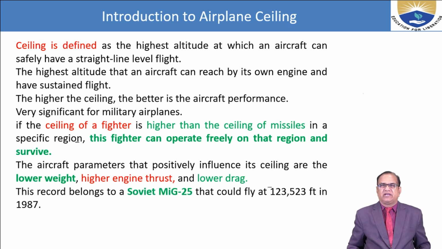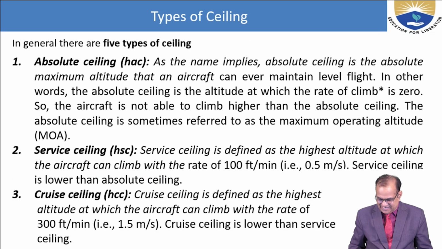Regarding this, a Soviet MiG-25 could fly to 123,523 feet in 1987. In 1987, the MiG-25 could achieve this altitude. As of now, I am not aware how much we can get.